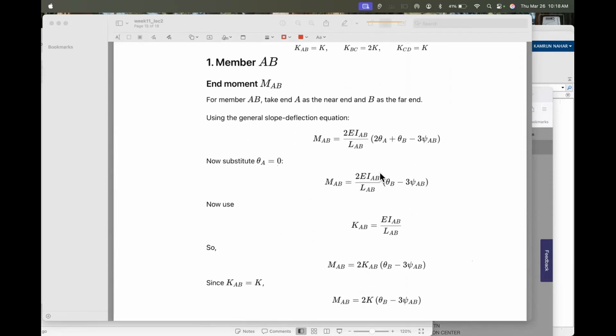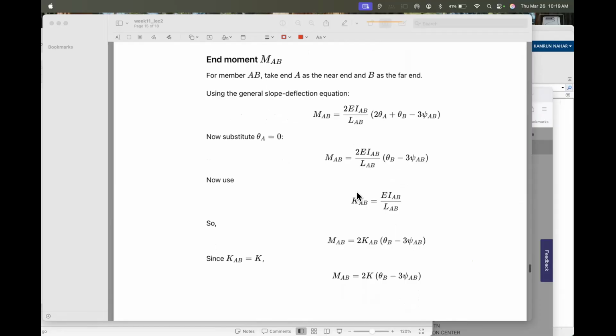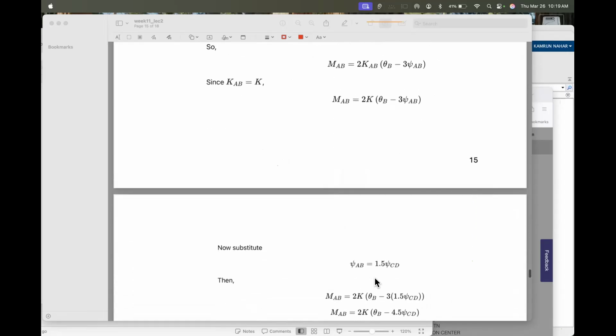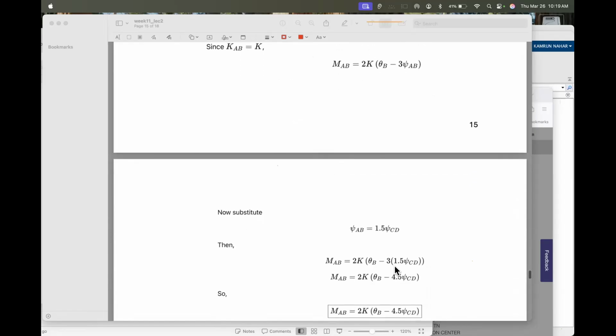And now just substitute all the values. We know that theta A equals 0, so this term goes to 0, leaving only theta B and 3 psi AB. We already know K_AB equals this term, so we substitute that value and we get one equation. And we also know psi AB equals 1.5 psi CD.